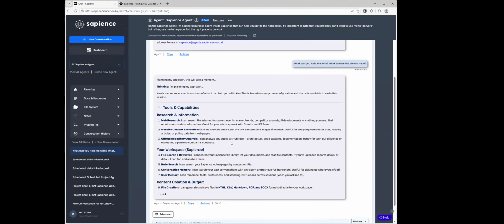Okay, that's a lot of stuff. It can access the web, it can create slides, it can create HTML. Okay, that's a lot. I'm a very visual person, so I think I want to ask it to summarize that for me as slides. And we'll let that work for a second.